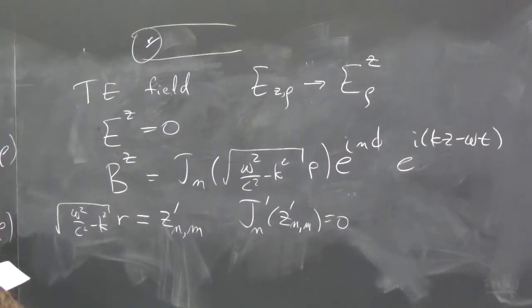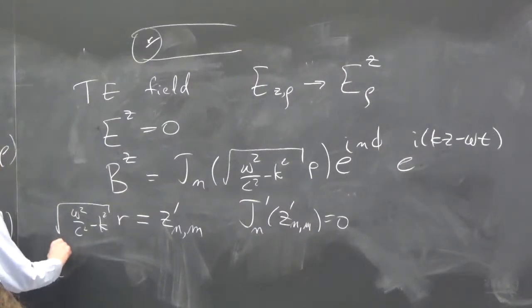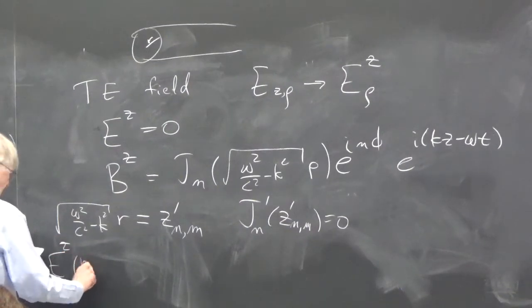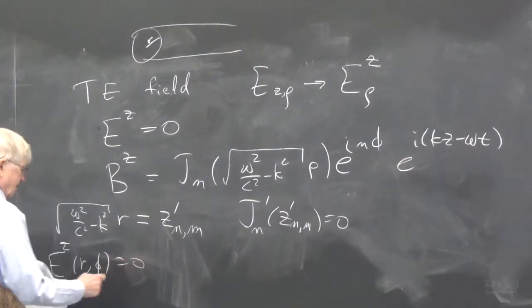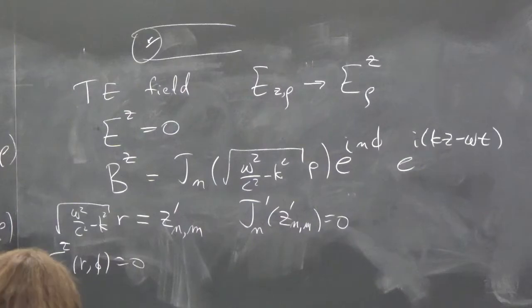First of all, since E_z equals 0, the boundary condition E_z at R, phi equals 0 is obvious because E_z vanishes, because it's transverse electric.